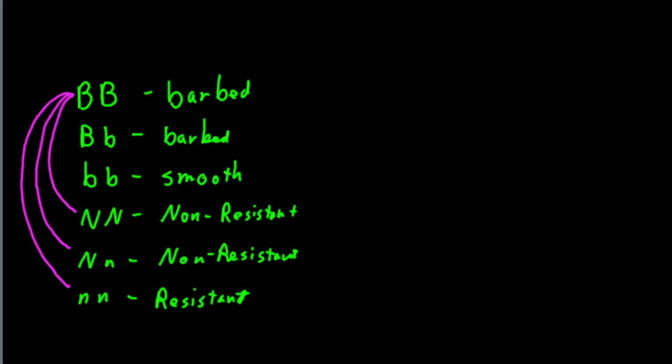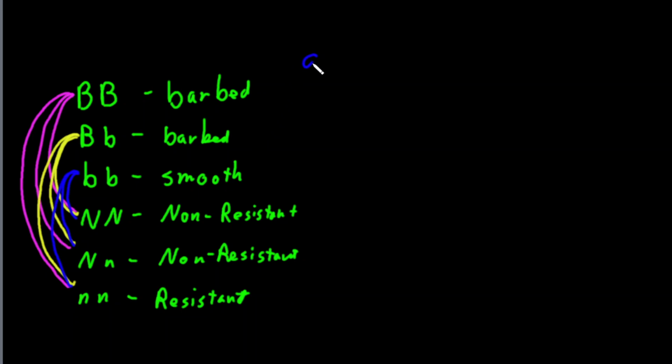What if we had a heterozygous for antennae shape? It still could end up with 1, 2, 3 possible matches for the pesticide resistance, and then the same thing is going to happen for our smooth antenna shape. 1, 2, 3.